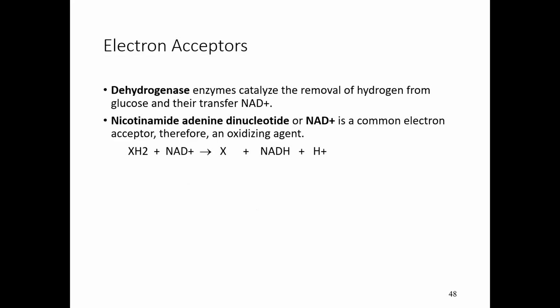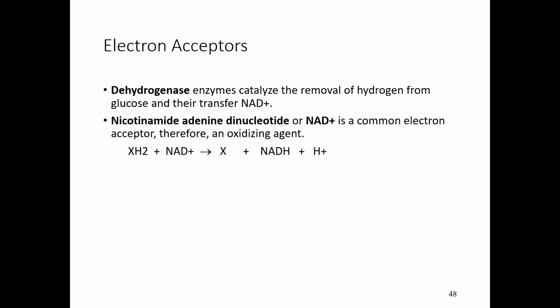So how do we get the electrons off the glucose? Well, there are these enzymes called dehydrogenase enzymes, meaning they break the bonds and take the hydrogens. Remember when we saw hydrogens being added to oils to make them solid, hydrogenation, we add hydrogens.